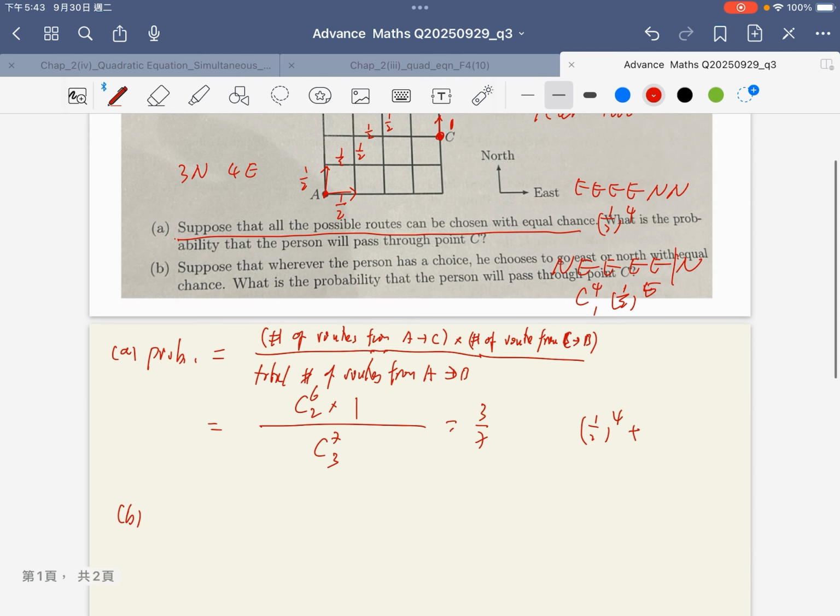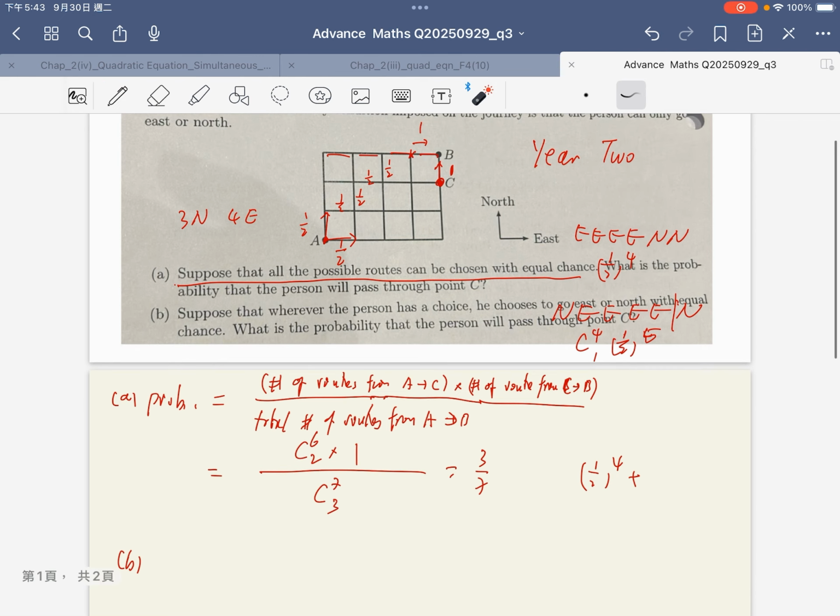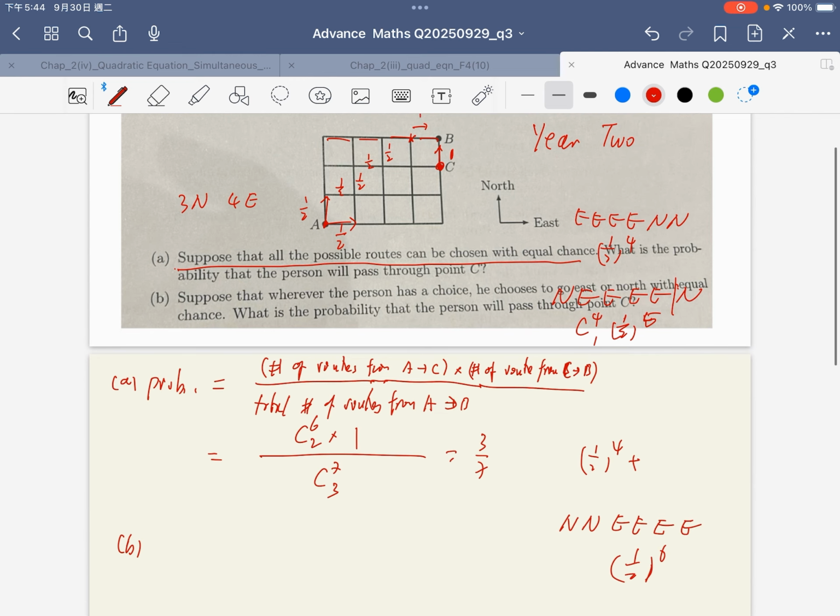That is the second type of route, and then there is the last one. You can see 1 over 2 six times, so that is 1 over 2 to the power 6.